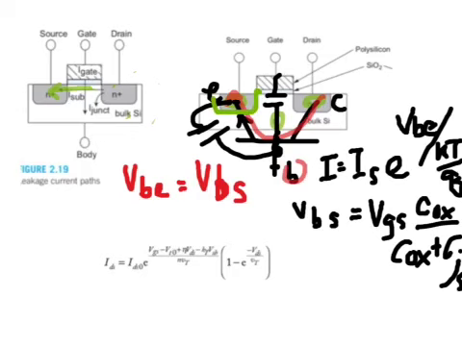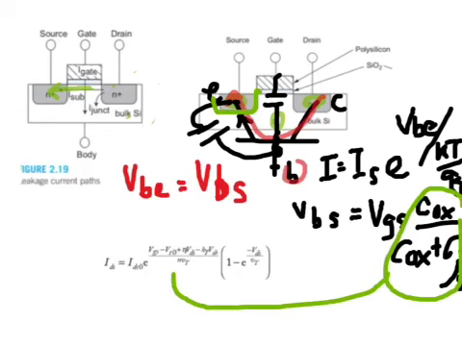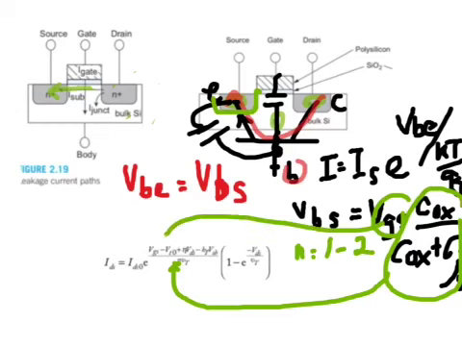So this voltage divider term is actually captured in the N parameter here, where N is typically between 1 to 2, and of course VGS here refers to this portion here, the gate to source voltage minus the threshold voltage.